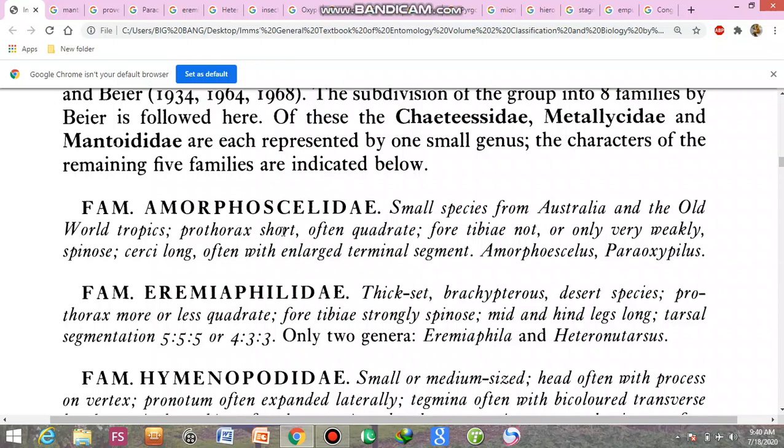They have a short prothorax, often quadrate. Quadrate means something like square. Forefemora not, or very weakly spinose: no spines present, or sometimes very weak spines are present. Cerci long, often with an enlarged terminal segment.